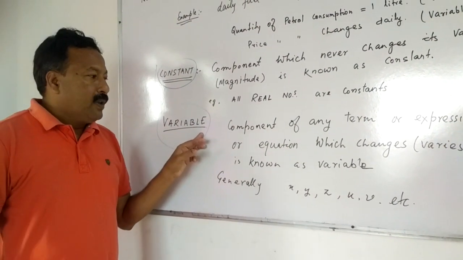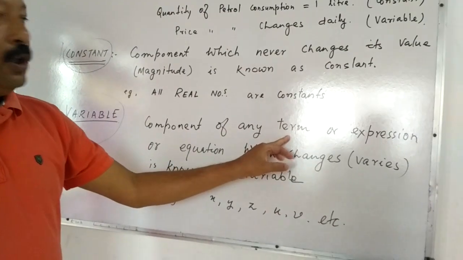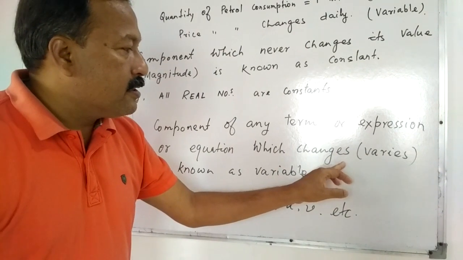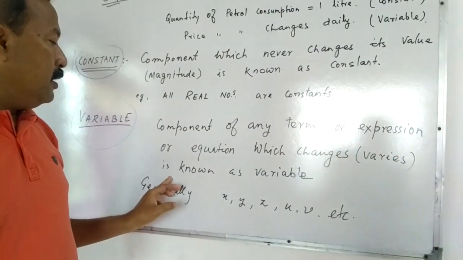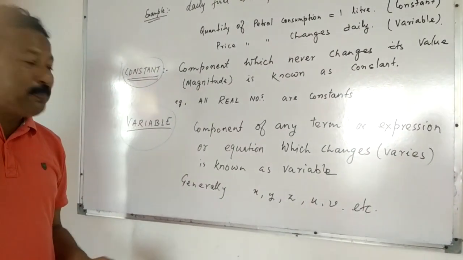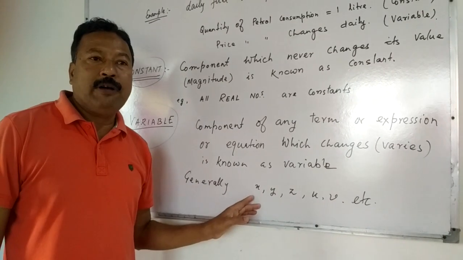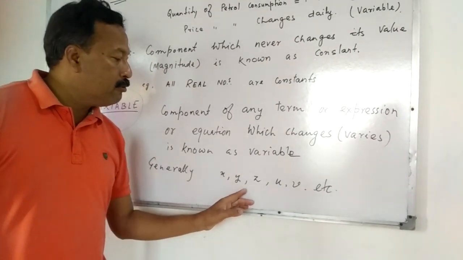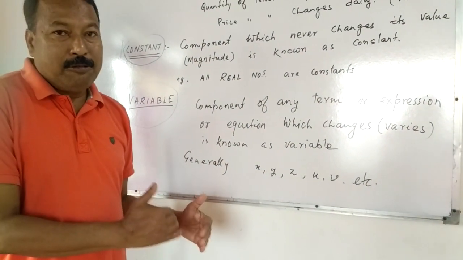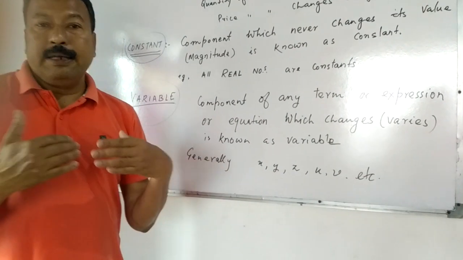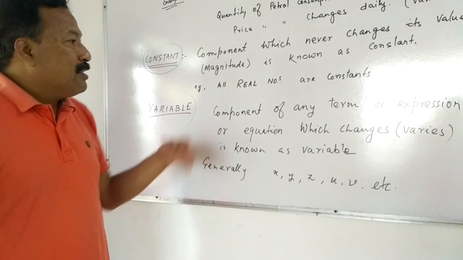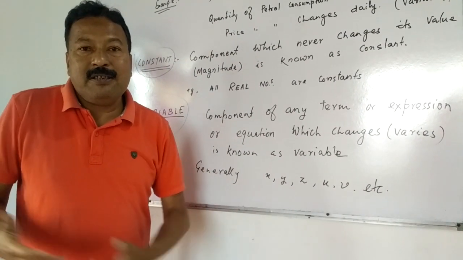A variable is a component of any term, expression or equation which changes or varies. Generally, we express the variables by these alphabetical notations: x, y, z, u, v. But it is not compulsory to take these ones. You can take other alphabets. We usually use some alphabets as constants, such as a, b, c.